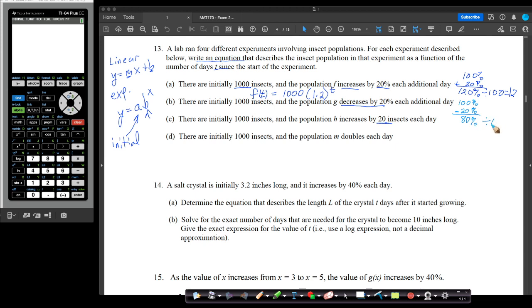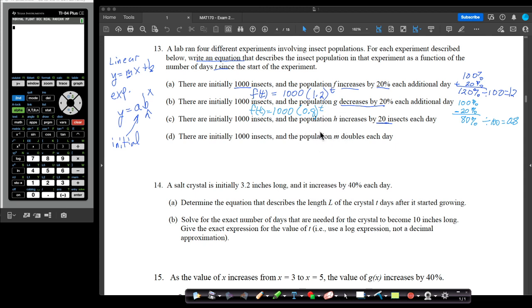We divide this by 100, and so we're going to get 0.8 as our factor. And so our function here is going to be f of t equals 1,000, because that's what we started with, and our factor is going to be 0.8 to the t.